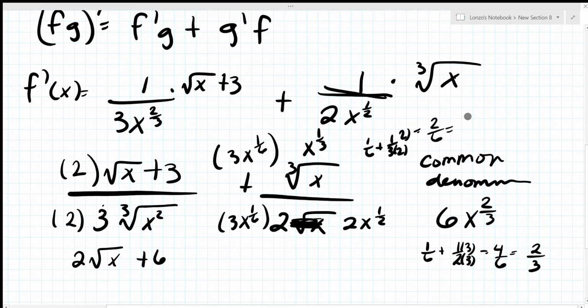So this is going to be plus 3 times x to the 1/3. I mean, not 1/3. Wait. When you're multiplying exponents, you're adding. So it's 1/6 plus, this is going to be 6. 6 divided by 2 is 3.